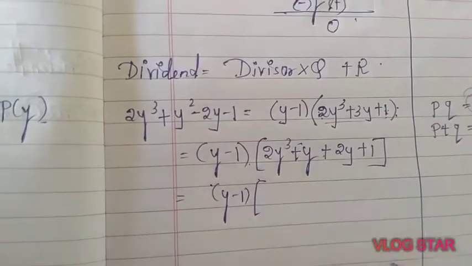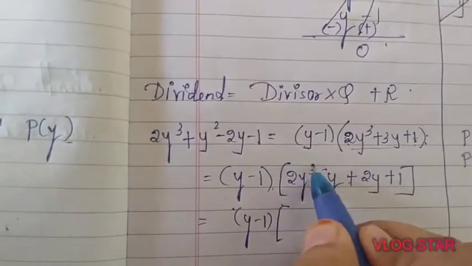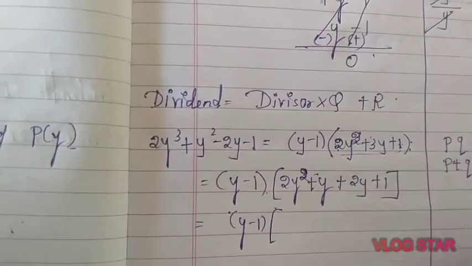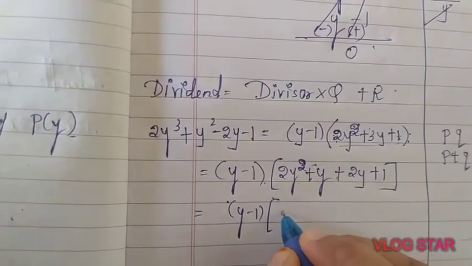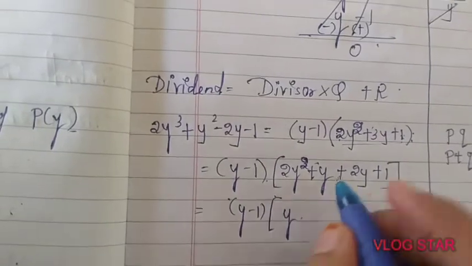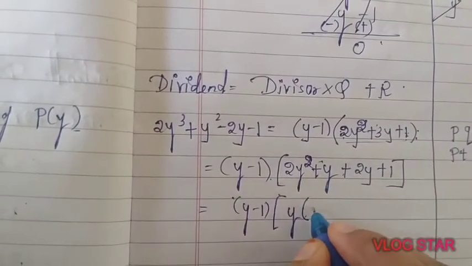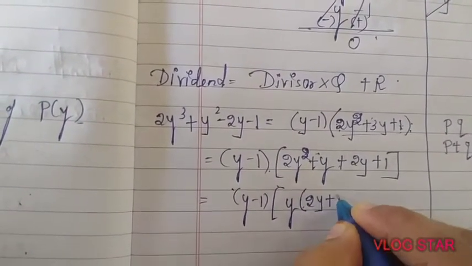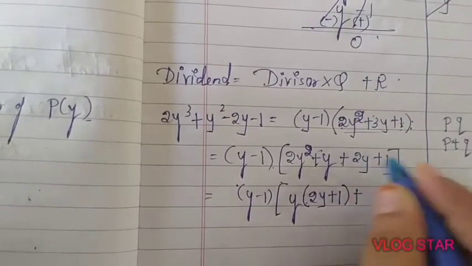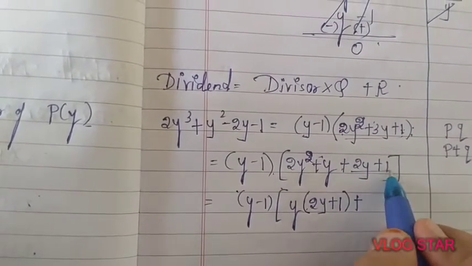Which is the common term here? y is the common variable, and what is remaining? 2y plus 1. Here also you can see 2y plus 1.